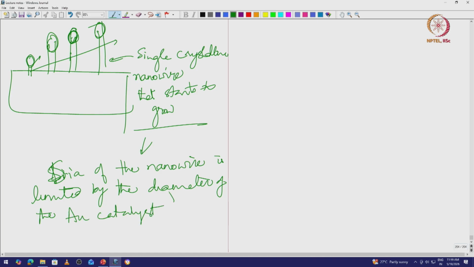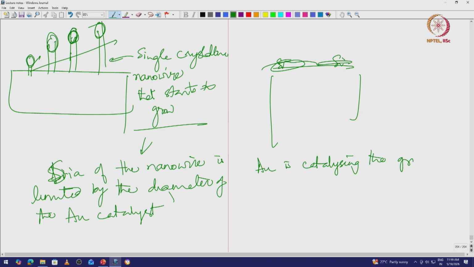If I didn't have a gold catalyst, I would get some kind of a surface deposition of silicon. I do not know what phase it is, but it is not going to form a nanowire; it will form other nanostructures, right, some flakes or something like that. Okay. So gold is catalyzing the growth of a nanowire.